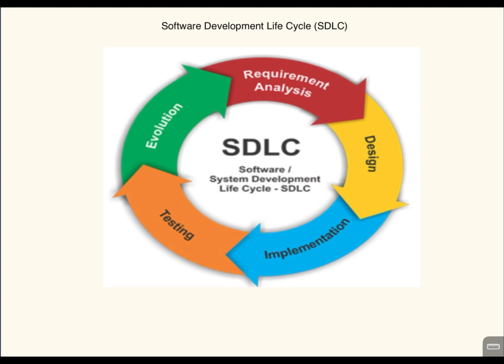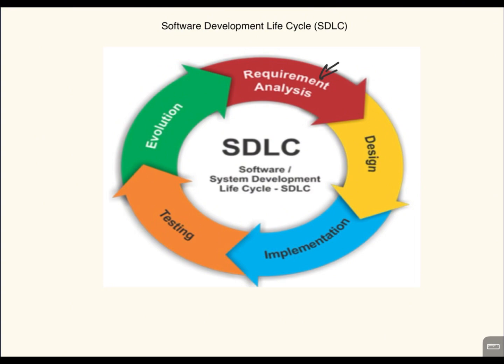So the first phase is requirement analysis, highlighted in red color. This one. The objective of this phase is to understand the business needs and define functional and non-functional requirements, right?